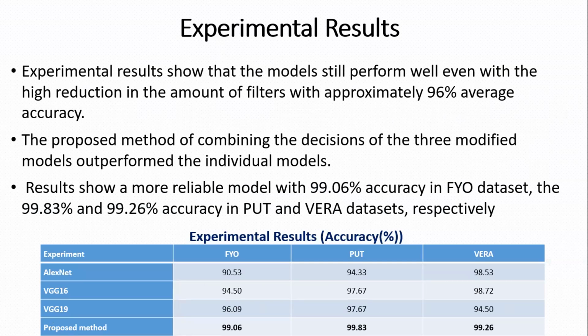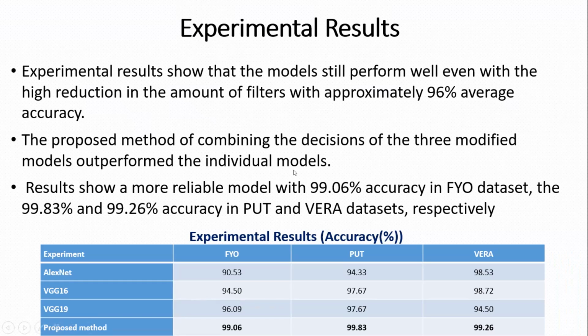Now, the result is also very good compared to the original one. Approximately we have an average of 96% accuracy across all the experiments that we did, even with using reduced features, which drastically reduced the amount of time needed for training. Also, we then propose to combine them, as I spoke about in the decision level fusion.